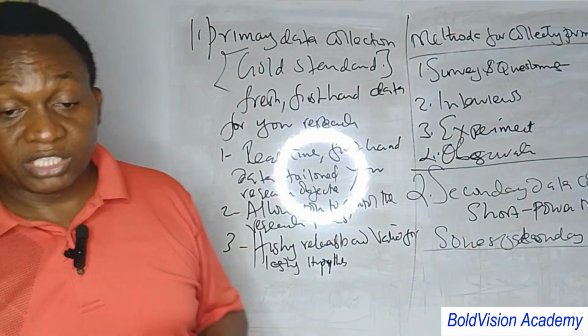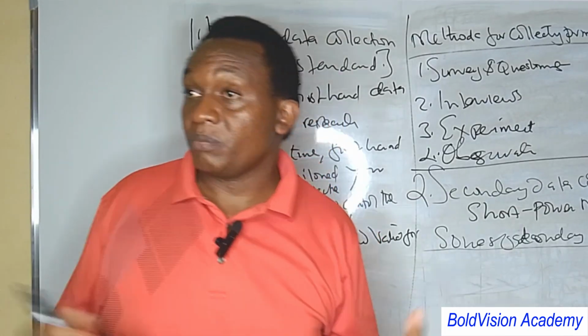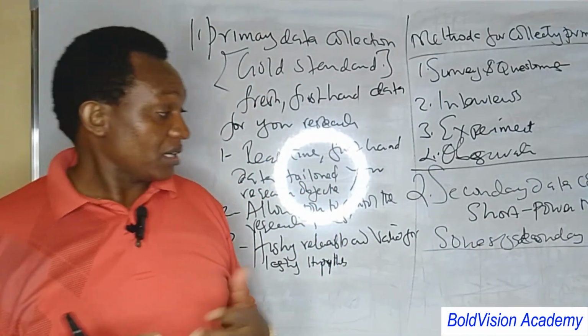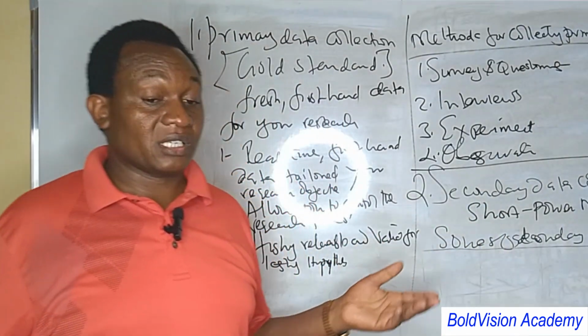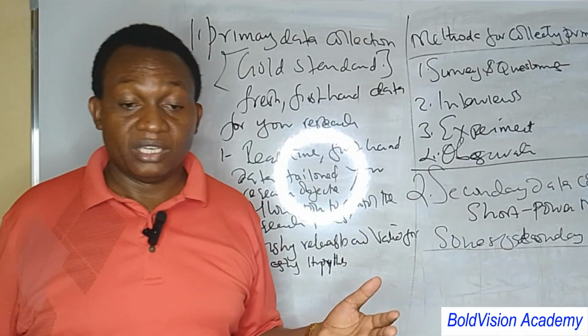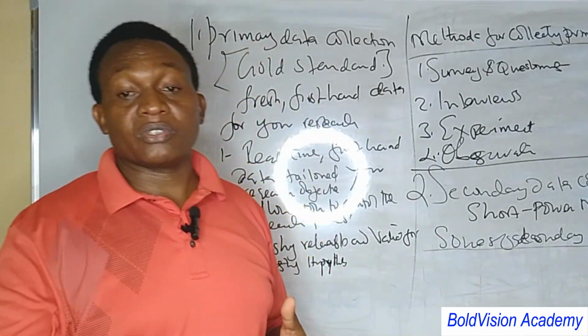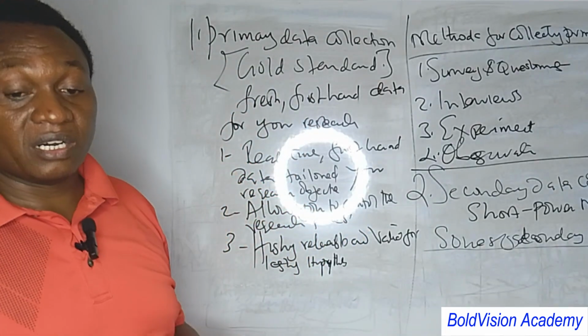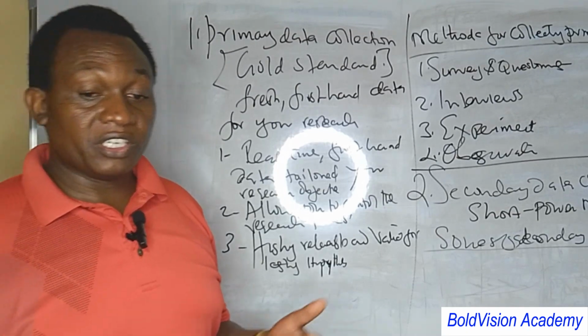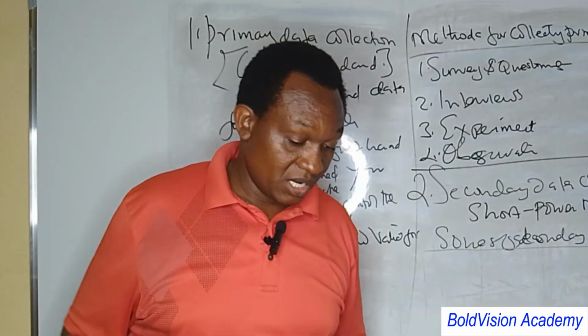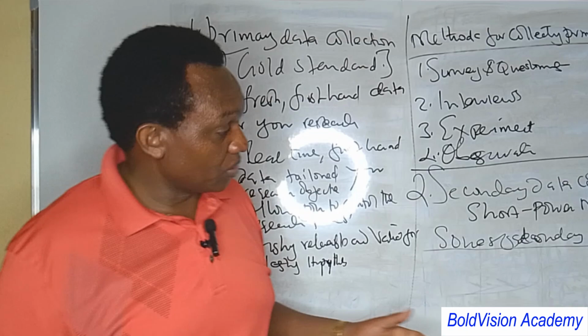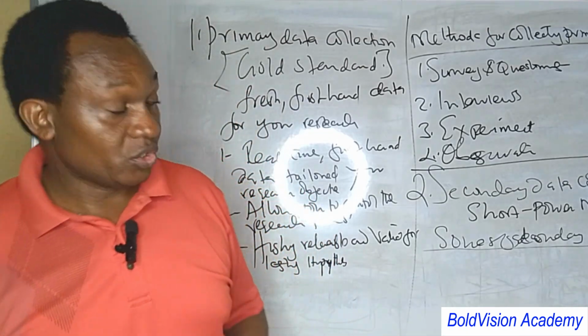We also have government and institutional reports. So we have the Kenya National Bureau of Statistics, census data, World Health Organization, etc. All these government and other institutions collect data, and that data can be very useful for our analysis if we require secondary data to do our work.